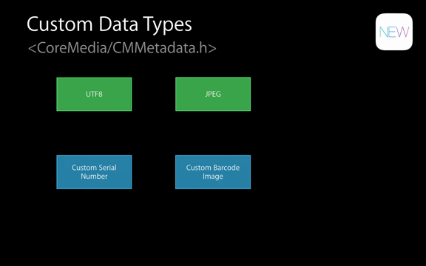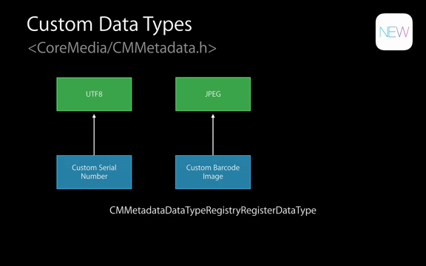The way that this works is you have to tell us exactly how to serialize that custom data type. You do that by telling us that your custom data type conforms to one of our built-in data types. In this case, the serial number conforms to the UTF-8 data type. Under the hood, it's a UTF-8 string, but we know that it really represents a serial number. Same with the barcode image.